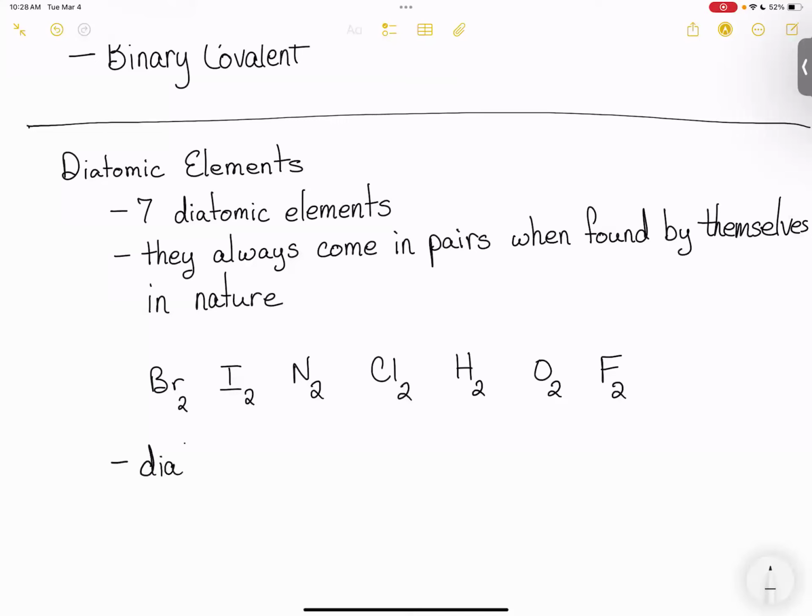Diatomic elements simply bear the element name.